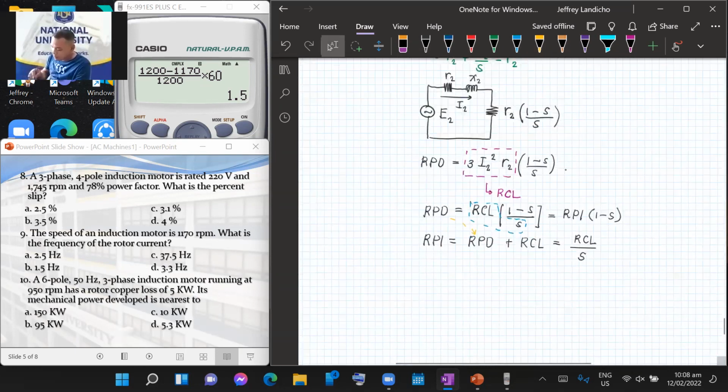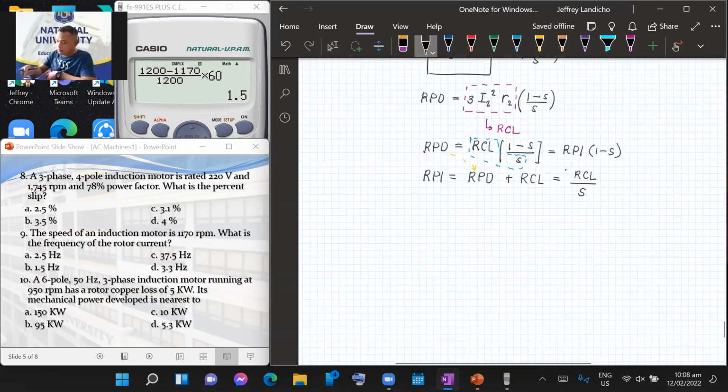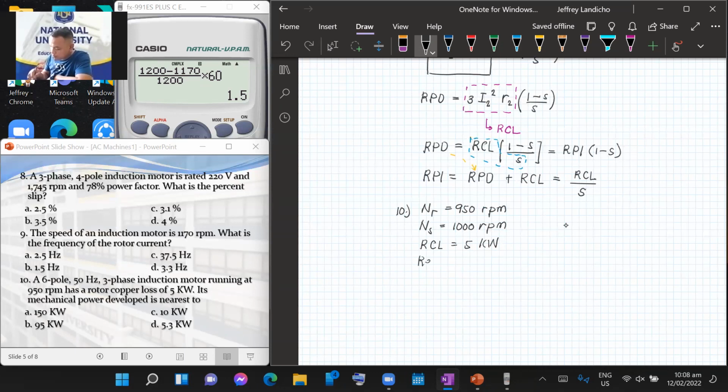So, given na that NR, so for number 10, NR is 950 RPM. So, therefore, NS, tanggalin ko yung dalawang digit, 50, 9 plus 1, 10. So, this should be 1,000 RPM, meron tayo rotor copper loss of 5 kilowatts. So, makukuha na natin diretso yung ating RPD.